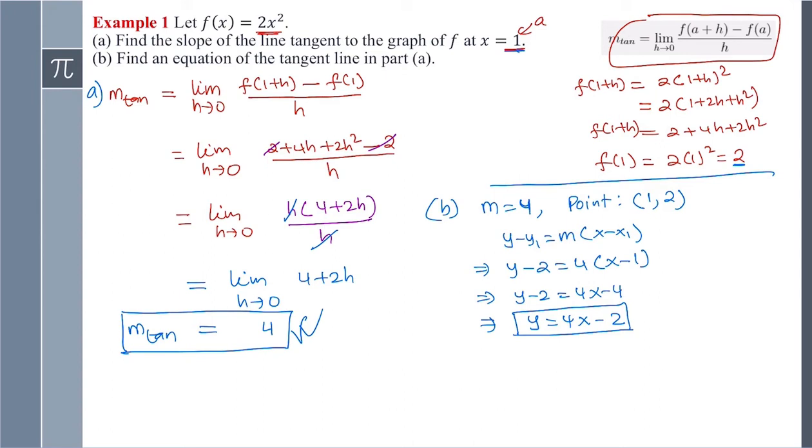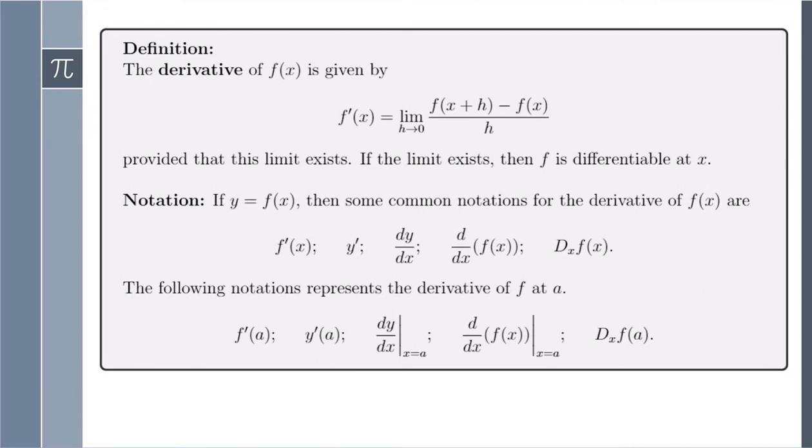So every time you are given x, you need to redo this math again and again to get the slope at each point. So instead of doing that, what we are going to do next is find a function that represents the slope of the tangent line on any given curve.